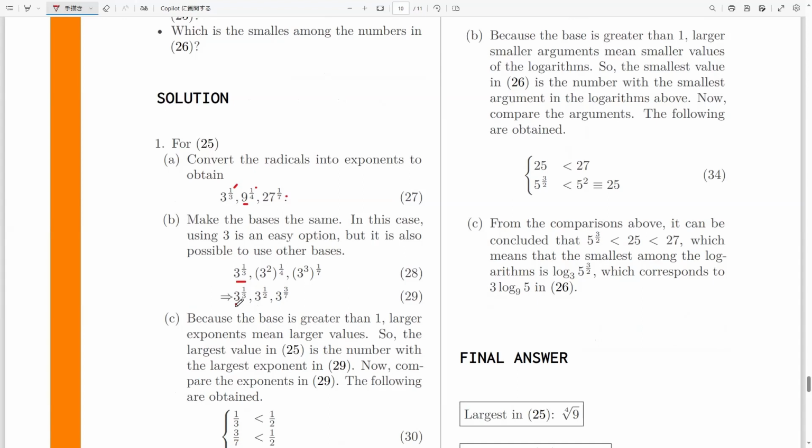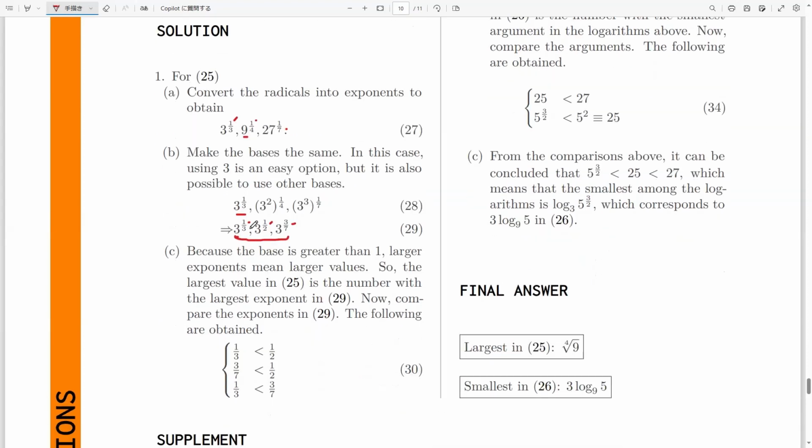For example, if the base is 1, the exponent doesn't even matter because it's just going to be 1 anyway, right? And if you have bases less than 1, then the greater the number in the exponent, the smaller the value of the entire number actually. In this case, 3 is greater than 1, and so we can just look at the exponents. The bigger the exponent, the bigger the value of that number.